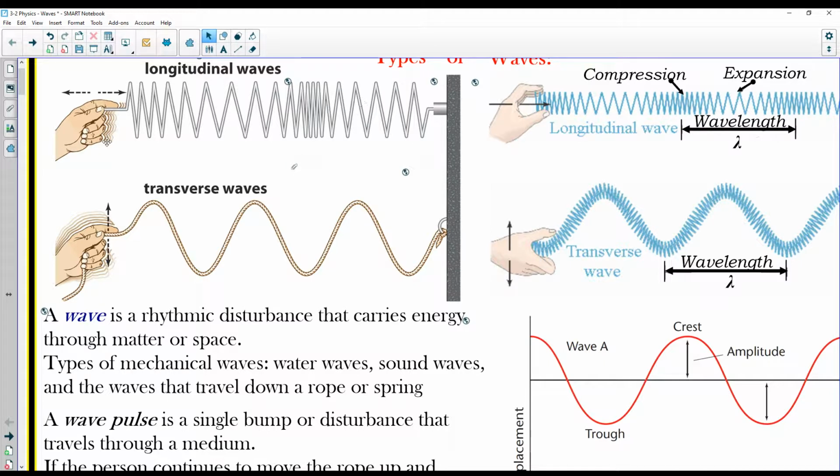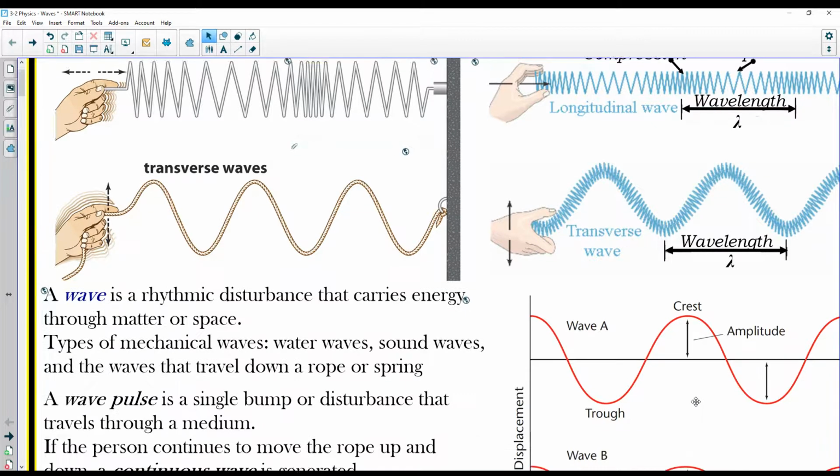If I make just one shake, the wave is going to go and die. But if I keep making them, the waves will keep going more. So in order to make the energy of the wave stronger, you either make more of them, or you make a stronger amplitude of disturbance from the equilibrium.